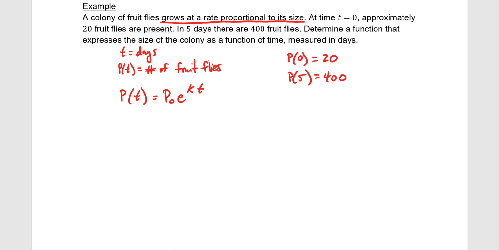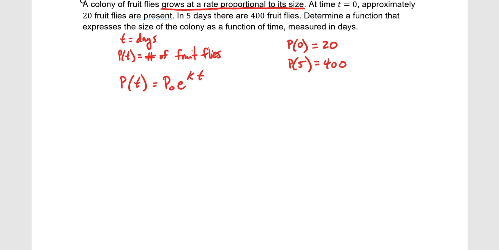And now let's go ahead and start plugging stuff in and see what we have. Well, we know that P naught has to be 20 because that is the initial condition at time 0. So we can plug that in and get P of t equals 20 e to the kt.